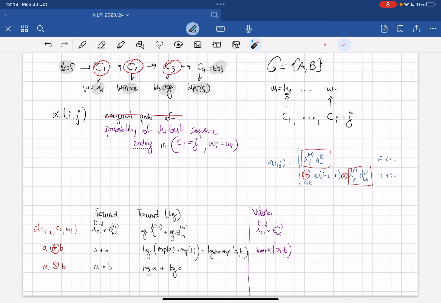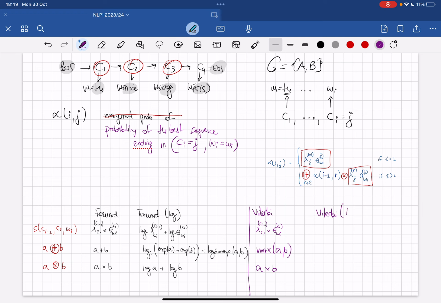So numerically, for probabilities, this is sum and product. For log probabilities, these two operations. And for maximization, for Viterbi, you get maximization whenever you're confronted with alternatives. And you get the standard product whenever you're confronted with concatenation. Concatenate this decision with the previous decision, or these two decisions.